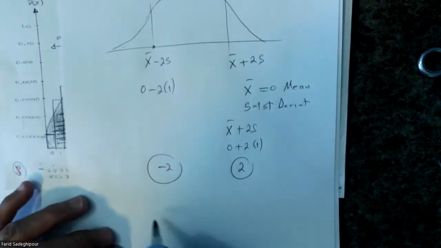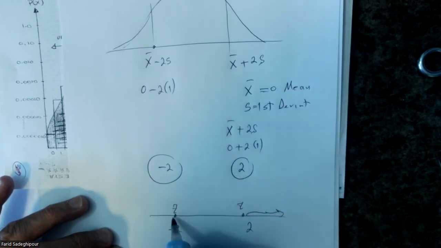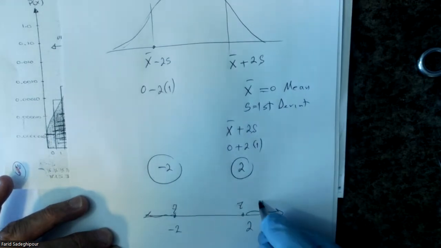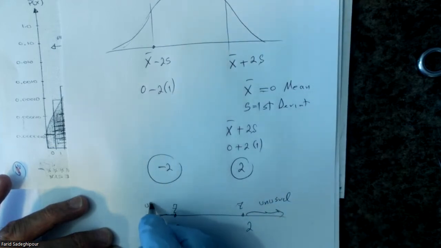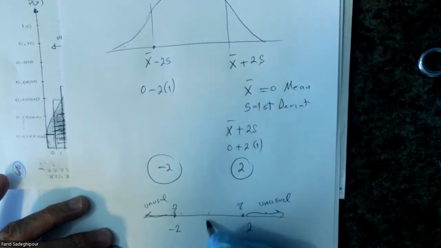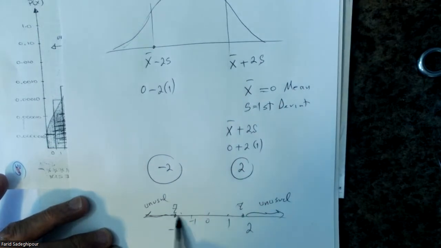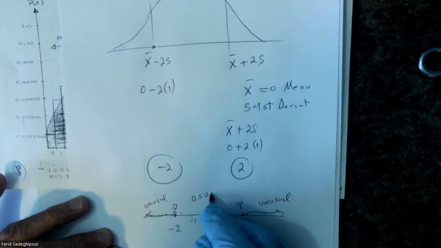So these 2 points, 2 and negative 2, are your Z values, and you don't want to go beyond this or below this. In that case, it's unusual. But if your number falls between these 2, where this is 0, 1, negative 1, then it's usual, it's not unusual.